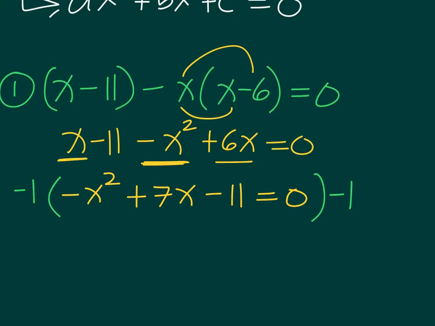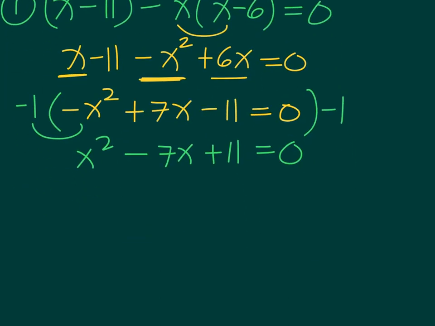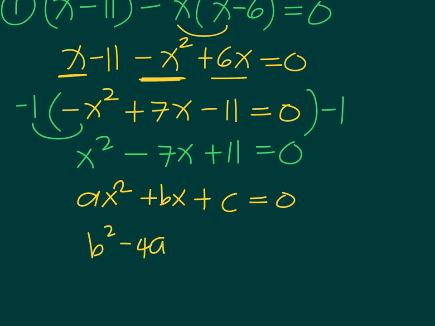The effect will be x squared, minus 7x, and plus 11, since the signs will be reversed, and 0 will stay as 0. Now that the equation is of the form ax squared plus bx plus c equal to 0, we are ready to find the b squared minus 4ac value.